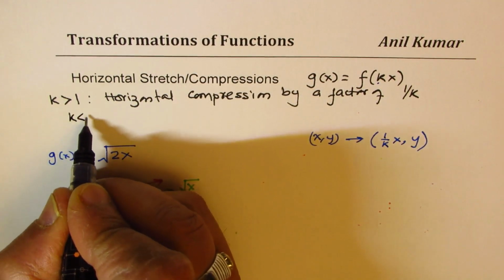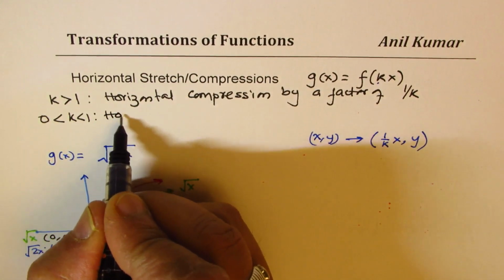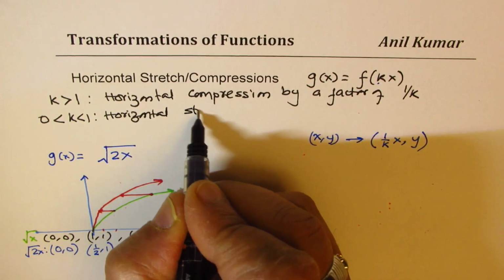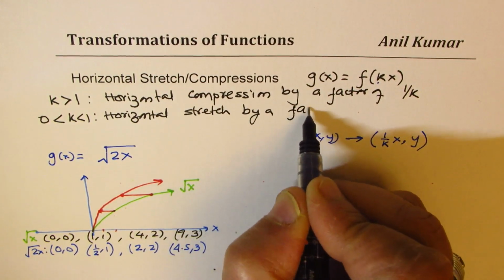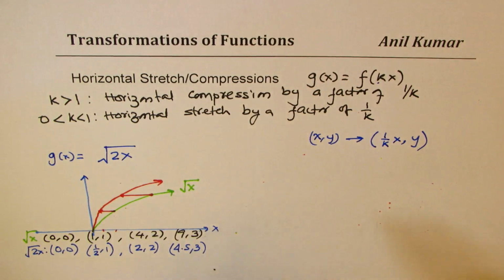Now if k value is less than 1 but greater than 0, in that case we'll have horizontal stretch by a factor of 1 over k. Let me give you an example here.